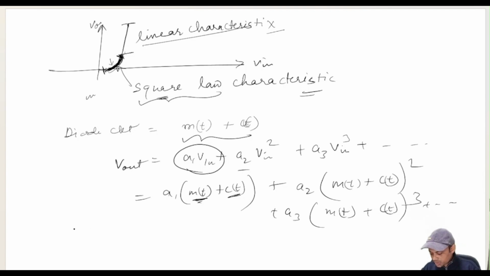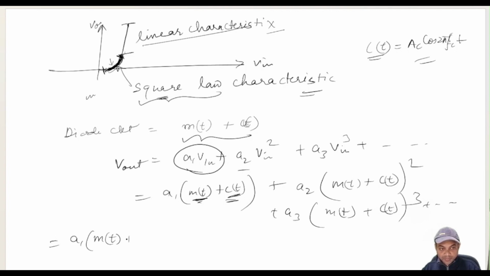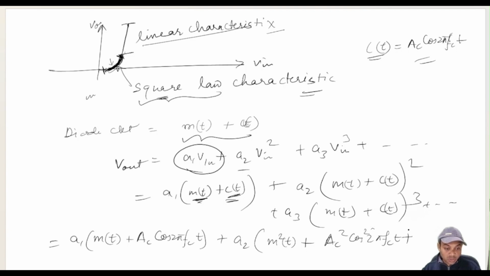First, putting the value of c(t), that is A_c cos 2 pi f_c t, we will get A1 into m(t) plus A_c cos 2 pi f_c t, plus A2 into m squared(t) plus A_c squared cos squared 2 pi f_c t plus 2 A_c m(t) cos 2 pi f_c t, plus A3 into, and so on.